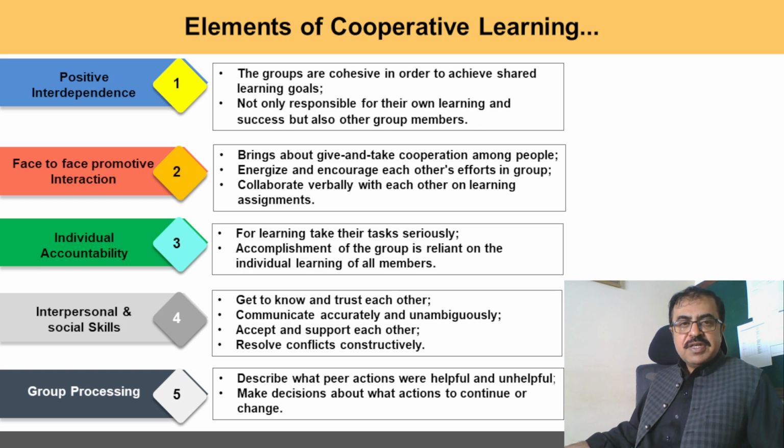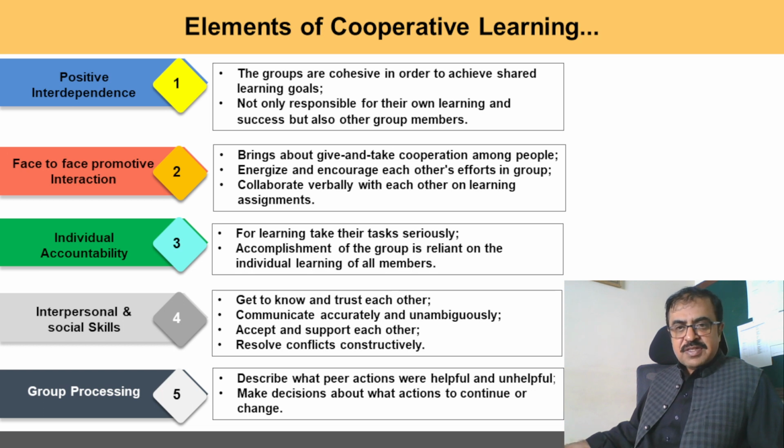The fourth element of cooperative learning is interpersonal and social skills. Interpersonal and social skills are necessary and important in all walks of life. They make you successful if you have sound interpersonal and social skills. The group members shall know each other and must trust each other.